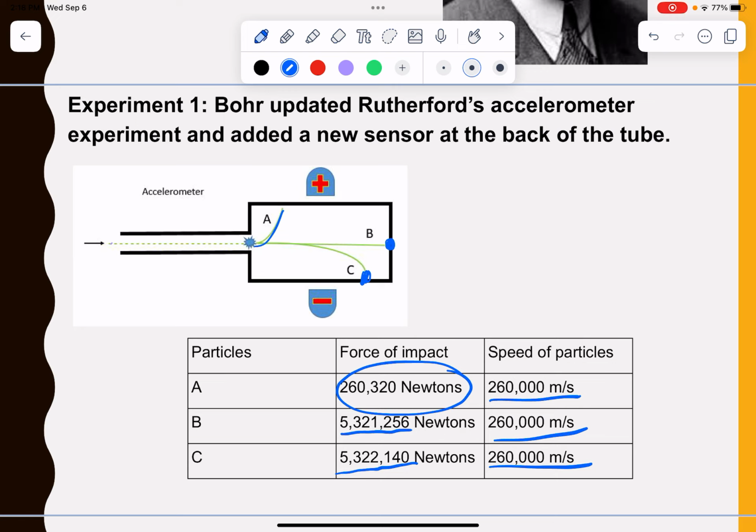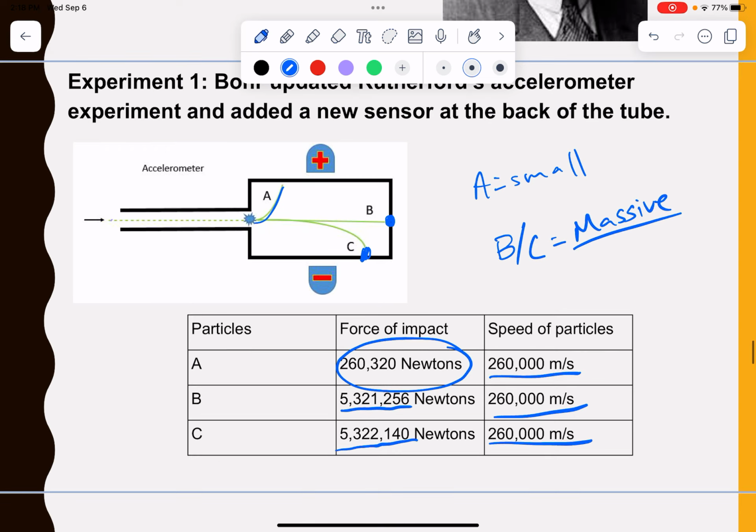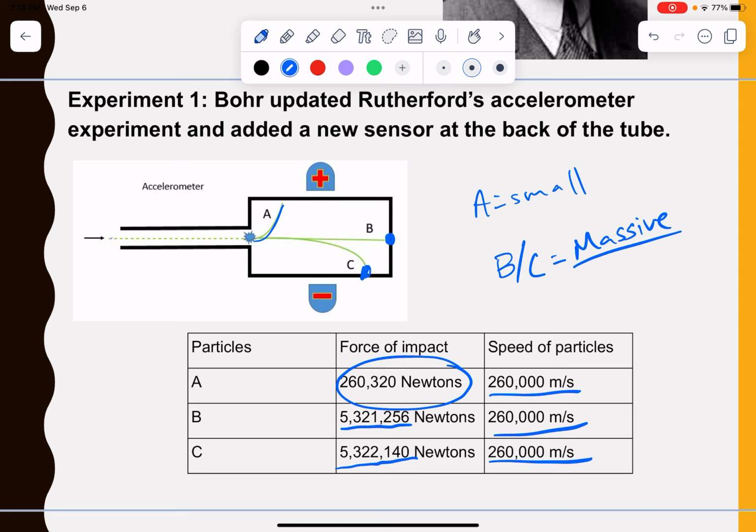And so from that, he realized that the negatively charged particle A here is very light and small, while particles B and C are massive and big, with B being neutral or no charge, and C being positively charged and attracted to the negative side of the magnet.